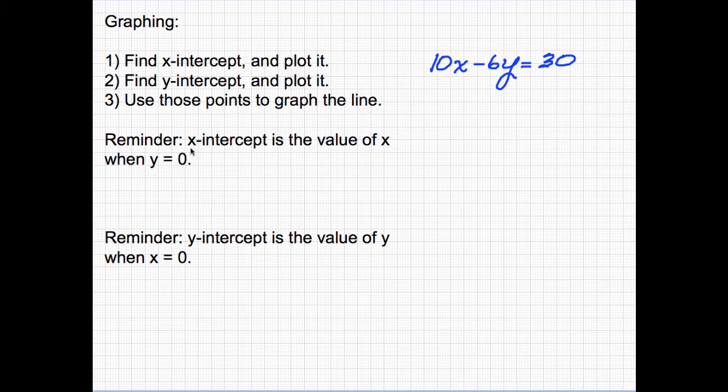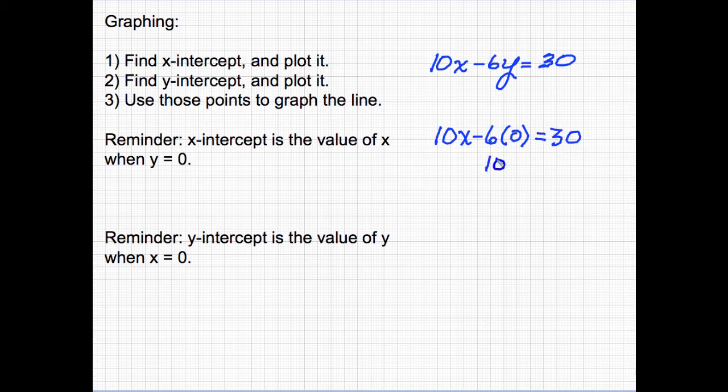Now as a reminder, the x-intercept is the value of x when y equals 0. And we find it by taking the equation and setting y equal to 0, and then we solve for x. So we'll take our equation 10x minus 6y equals 30, and we'll write it as 10x minus 6 times 0, that way we're making y 0, equals 30.